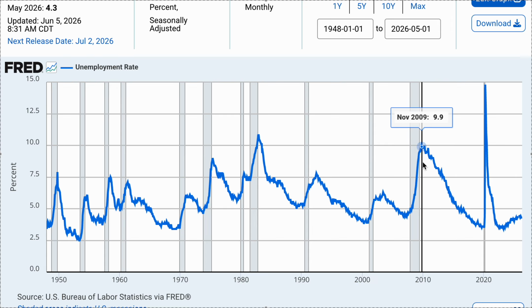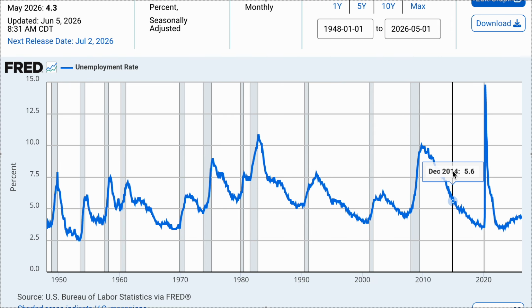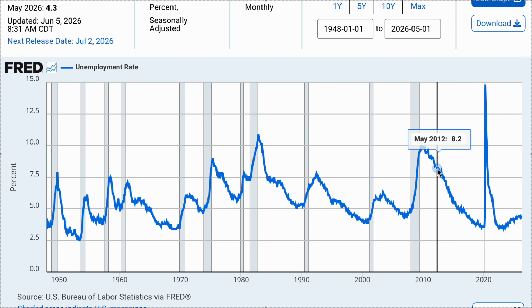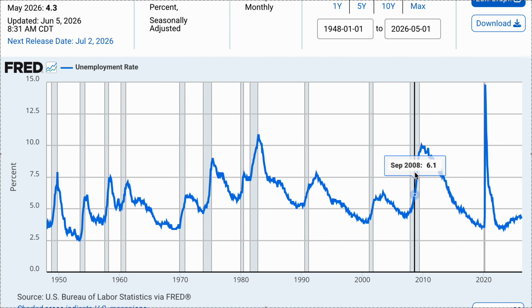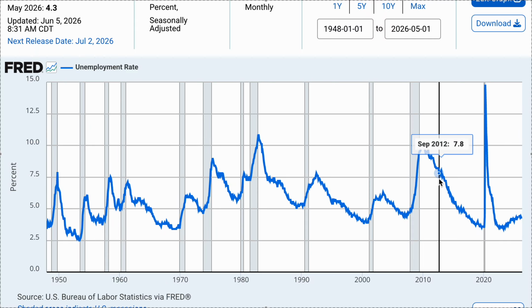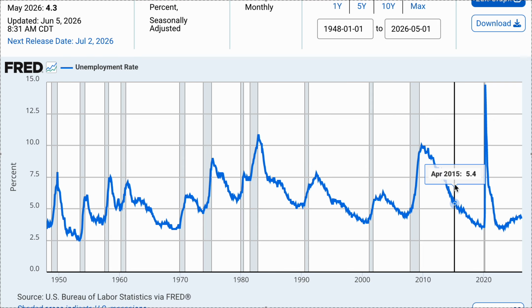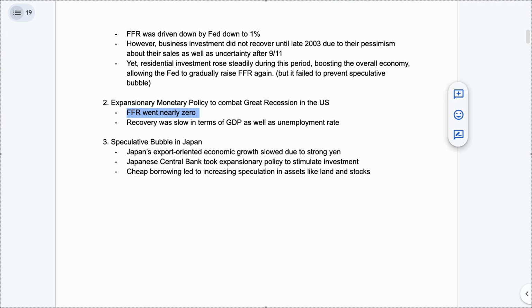The recovery after the Great Recession is famously very slow and stagnant, and the unemployment rate remained very high until about 2014, 15, at least the second Obama administration. It was a famously slow recovery, but people can argue that it doesn't mean the monetary policy wasn't working. Maybe without expansionary monetary policy, it could have been way worse.